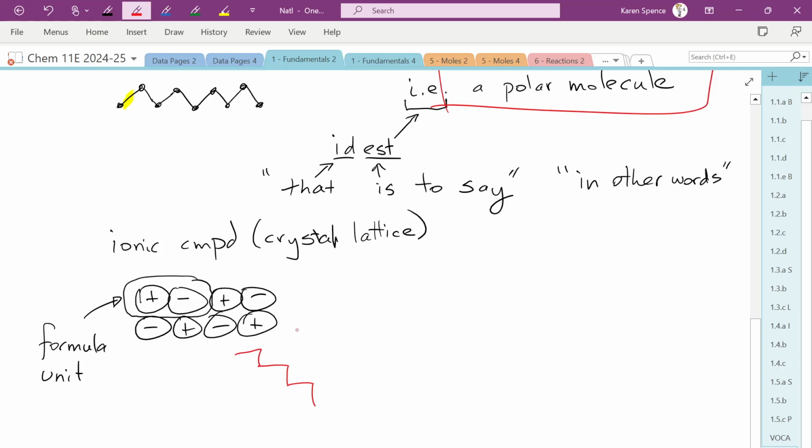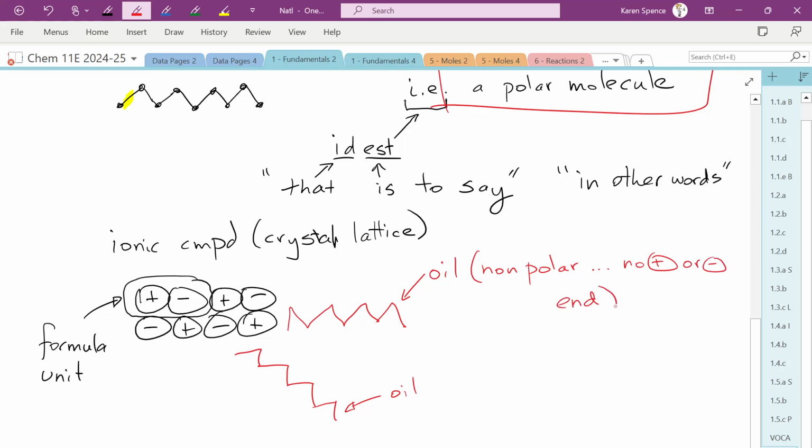Now let's imagine that we have some oil coming close to these ions. And oil is non-polar, no positive or negative end. Will the oil be able to lure the ions away from each other?